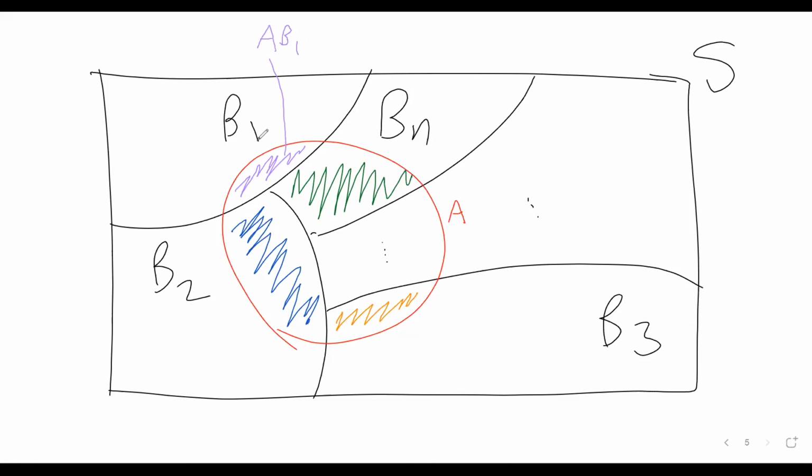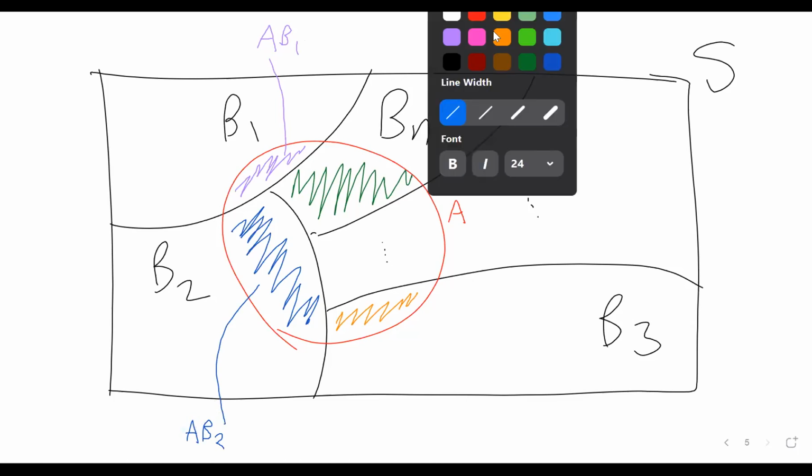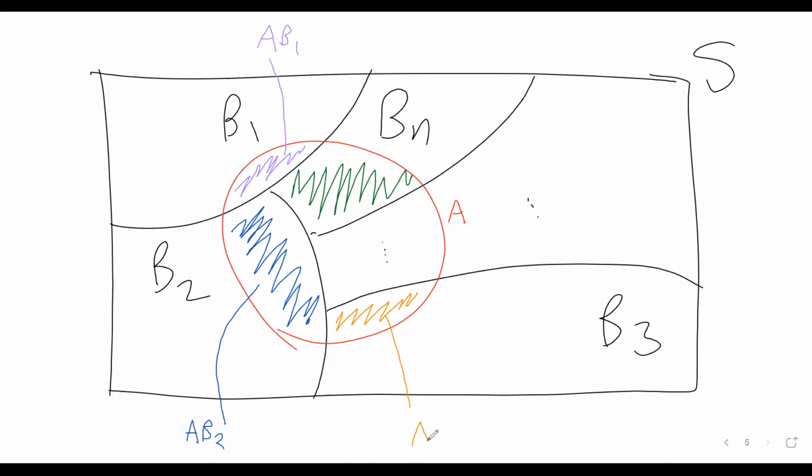It's the part of A that's in B1, so it's A intersection B1. Then this region is AB2, this region is AB3, and so forth, and the last region is ABn.